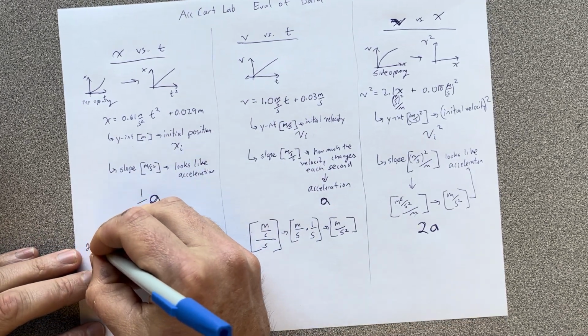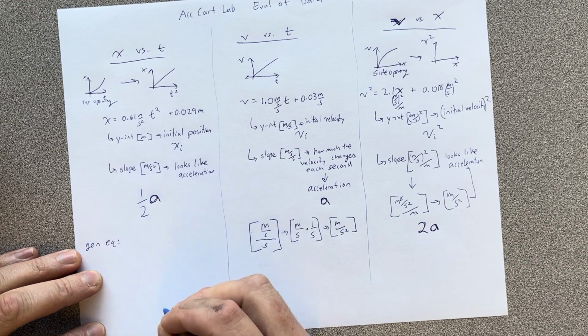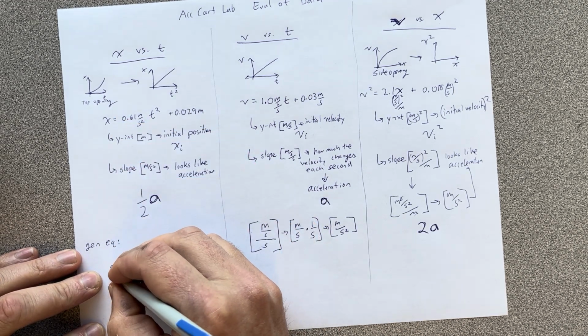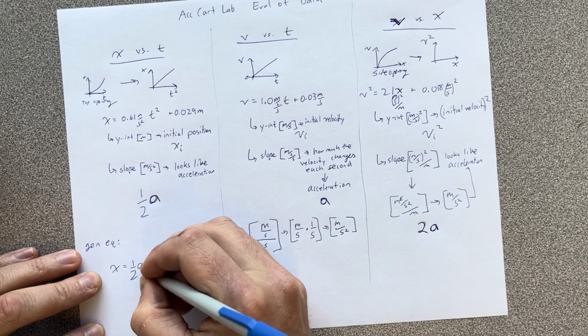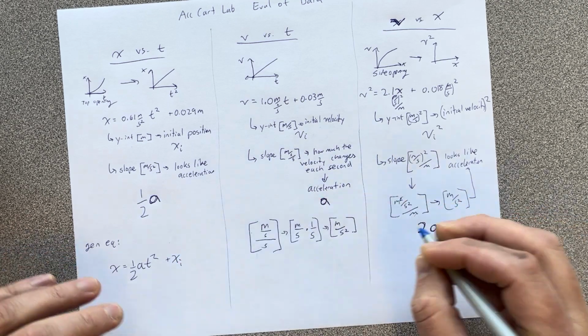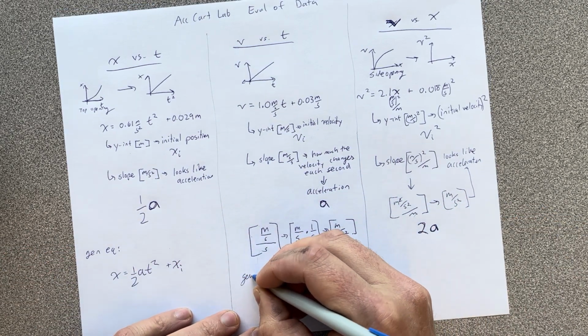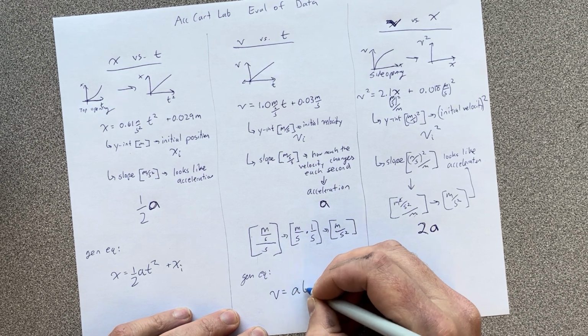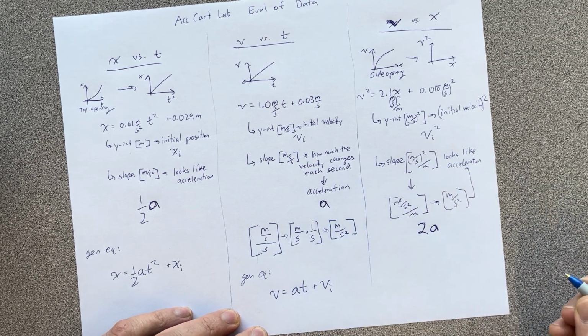So the general equation, all right, you put the variables that we just derived back in there for the numbers. So x equals 1/2 the acceleration times time squared plus x initial. This one is v equals at plus v initial.